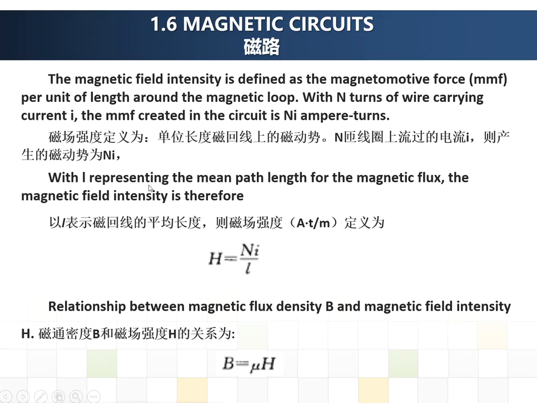When L is the mean path length for the magnetic flux, the magnetic field intensity is defined as H is equal to N multiplied by I divided by L, where L is the length of the iron. So the relationship between the magnetic flux density B and the magnetic field intensity H is B is equal to mu multiplied by H.